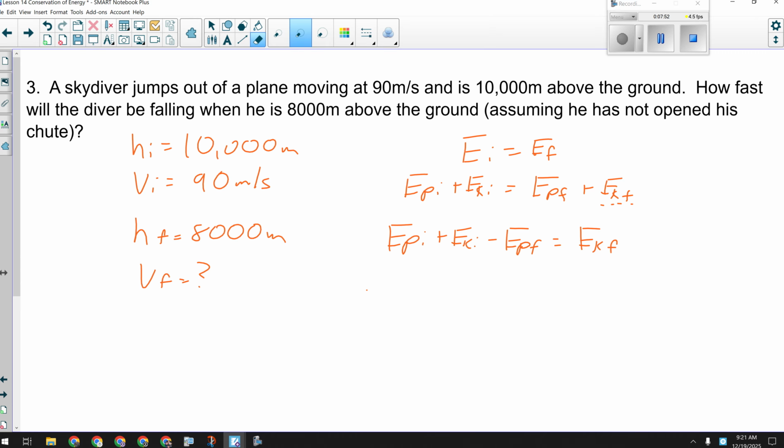So m times g times h initial, plus 1/2 m v initial squared, minus m times g times h final equals 1/2 m v final squared. What can I do with the m's? Cancel them off. Good, because I wasn't told what the mass of the skydiver was anyway.